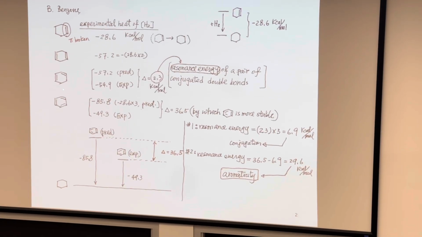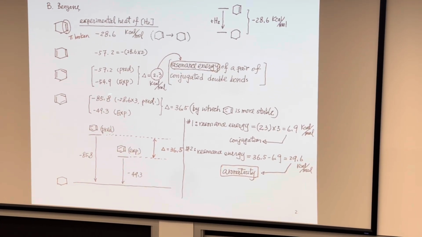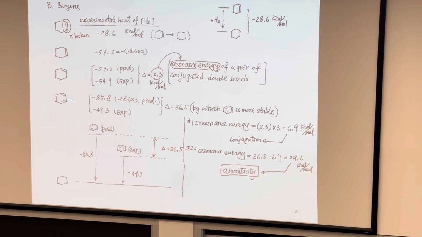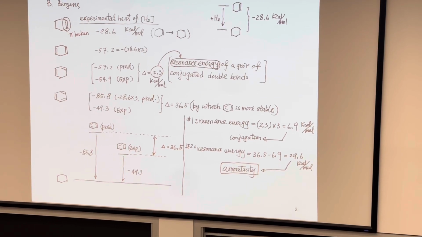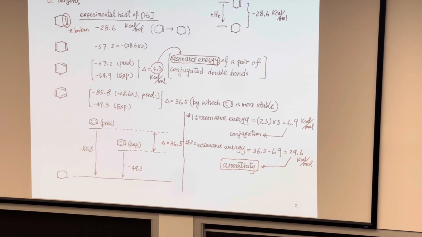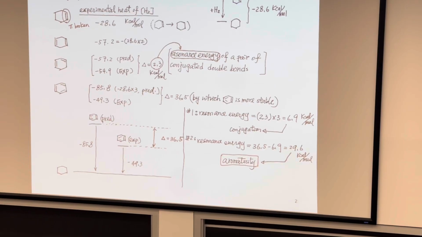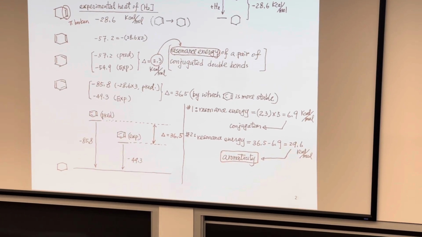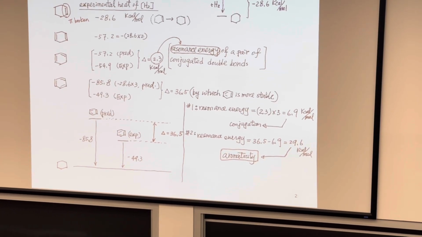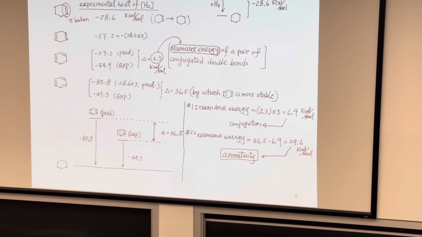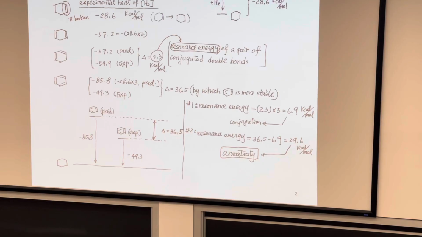So 28.6 times 3, the whole piece is supposed to release 85.8. I put that there. So far so good. Without consideration of any of the energy to stabilize the molecule, without consideration of the conjugation. I don't worry about conjugation. I'll worry about conjugation later.